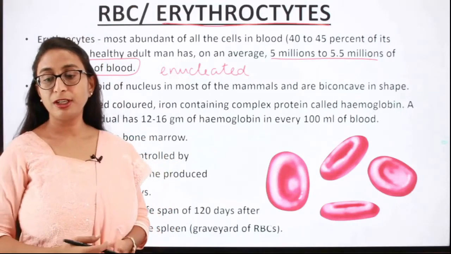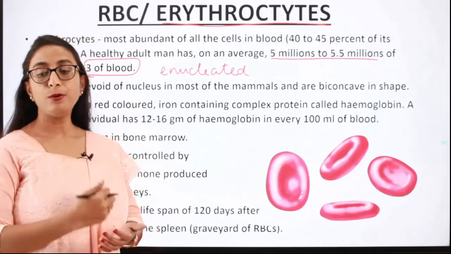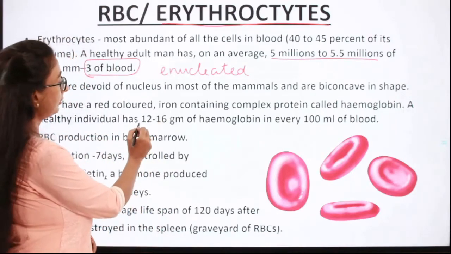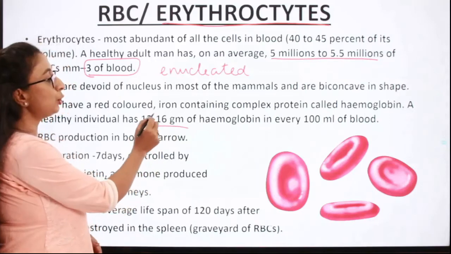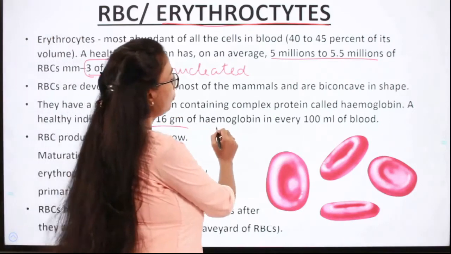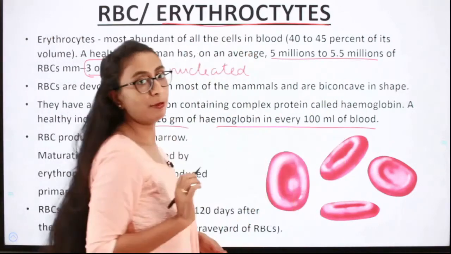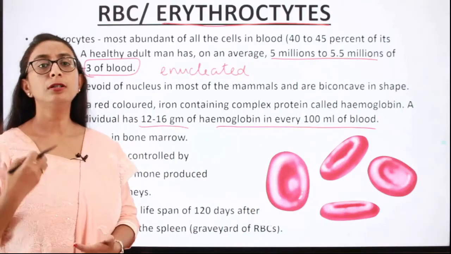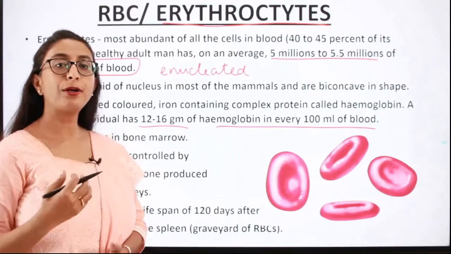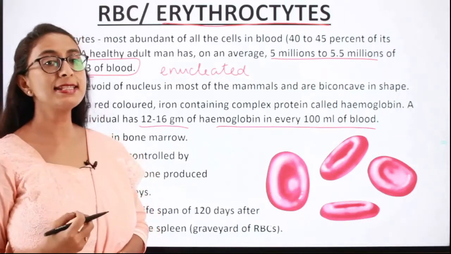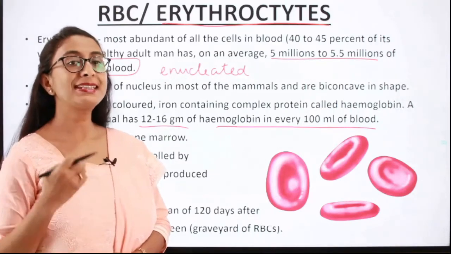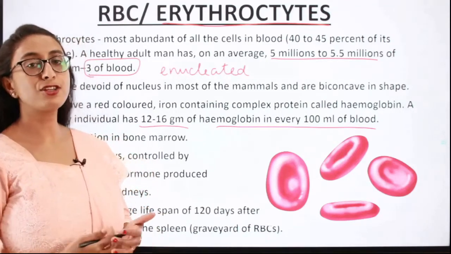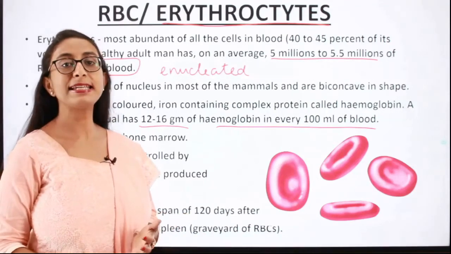A healthy adult has around 12 to 16 grams of hemoglobin in every 100 ml of blood. Already we know how RBCs are produced in the bone marrow through the process of erythropoiesis, isn't it? The stem cell differentiates into different cells of the blood like RBC, WBC and platelets.